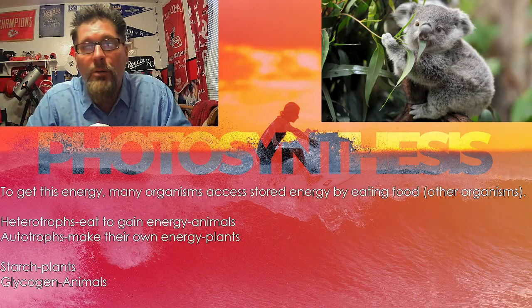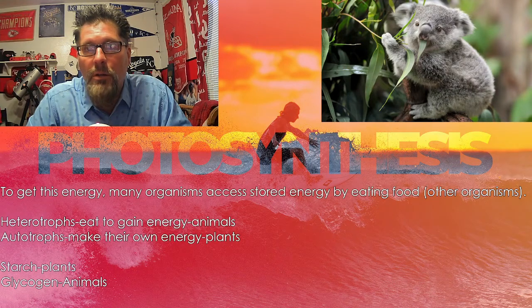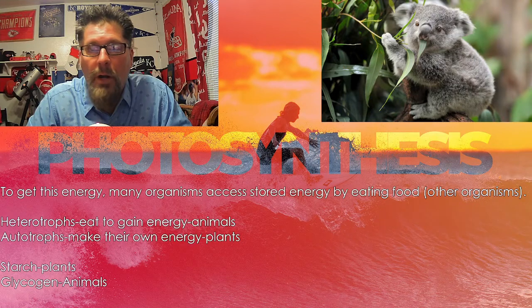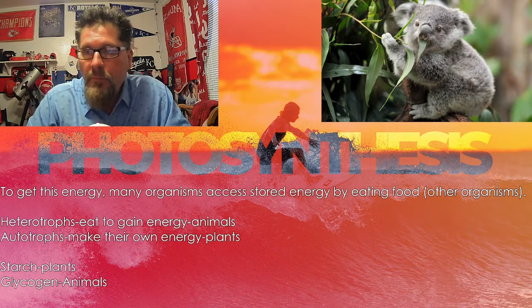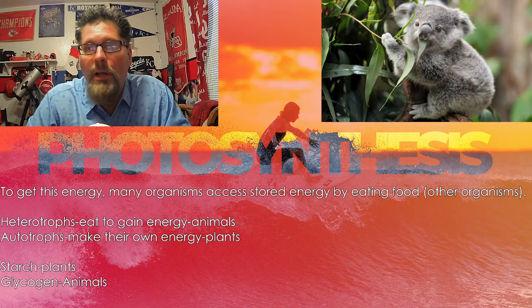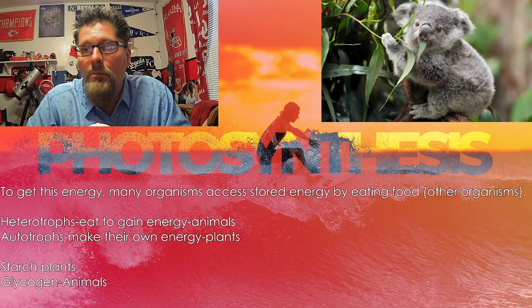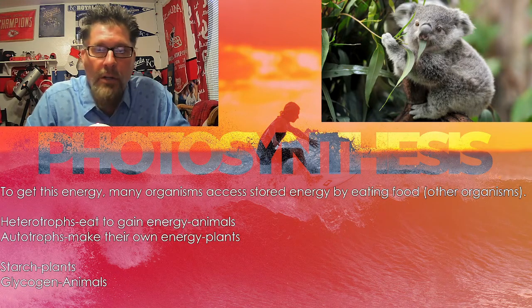Just reminding you of some things that we spoke about in chapter 7 and other previous ones. We've got the little koala bear there. That koala bear is displaying this cycle that we're talking about between plants and animals, the idea of eating plant material, taking in those sugars. The plants would be the autotrophs, making their own energy at the cellular level.